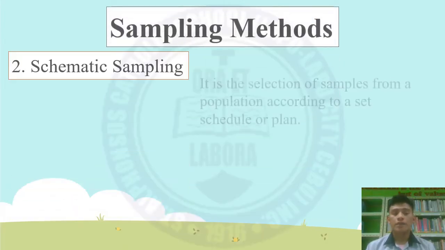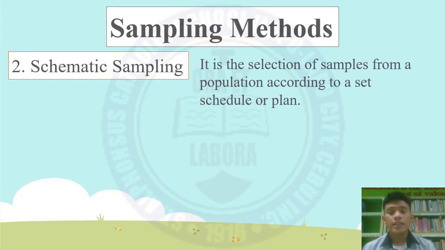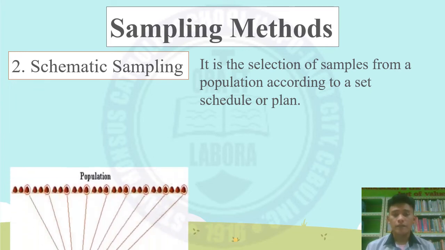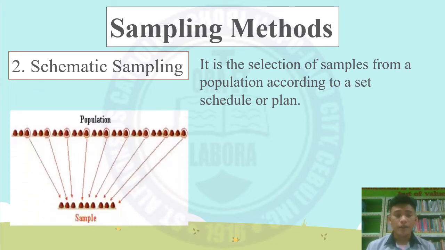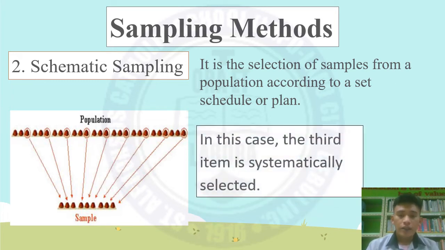Systematic sampling. It is the selection of samples from a population according to a set schedule or plan. Example, as you can see in the figure, every third item is systematically selected.